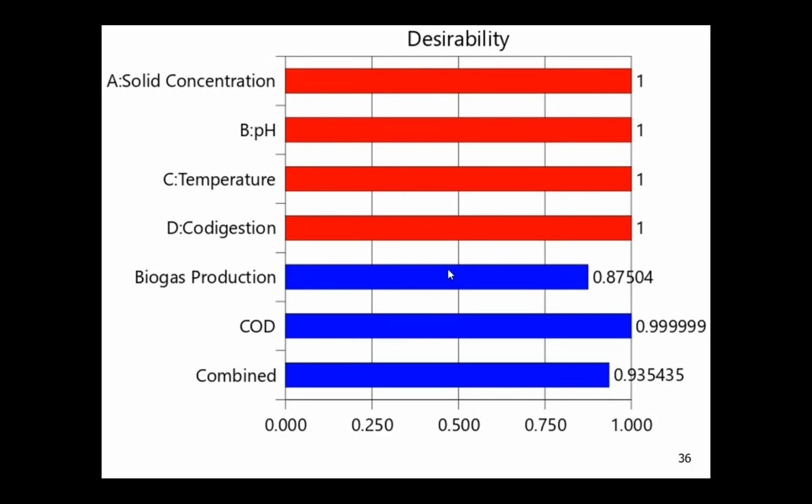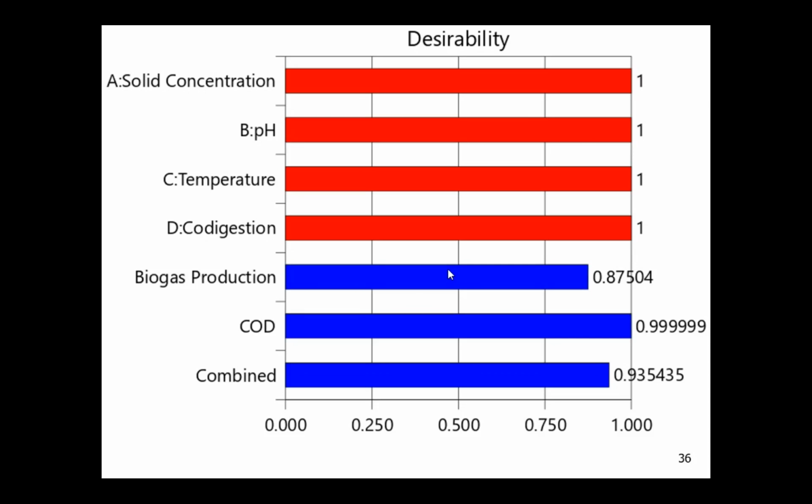Because the desirability ranges between 0 to 1, where 0 is for undesired value and 1 is for desired value. But the values that are closer to 1 are preferable for desirability. For individual biogas production, the desirability is 0.87, whereas for COD, the desirability value is 0.99.